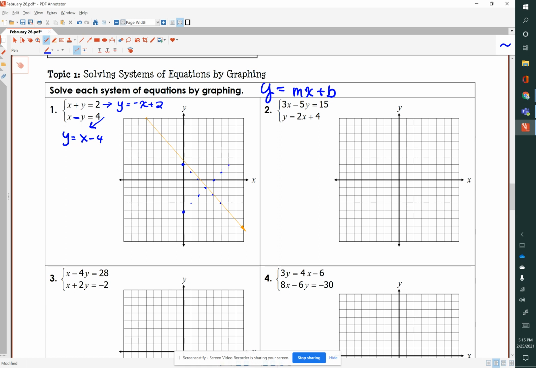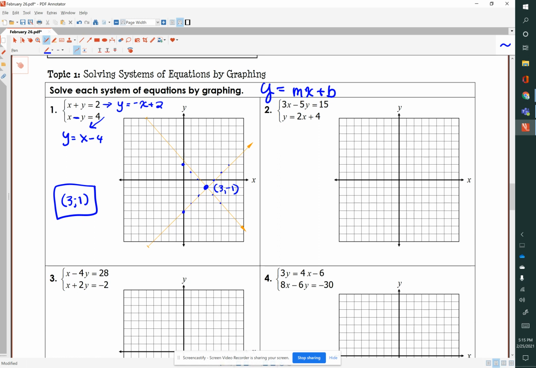We can see already where our solution is. The solution is right here at the point 3, negative 1. That's the solution to this system, 3, negative 1.